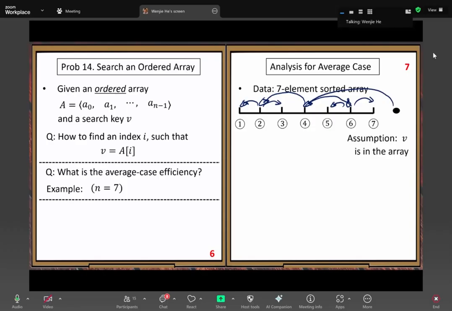So now we want to look at all the cases that may not be the worst case. For the worst case, we already have the formula, so we don't worry about it. We want to see other cases. For that reason, we make this assumption.